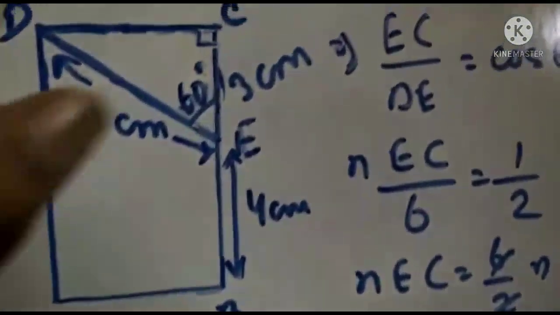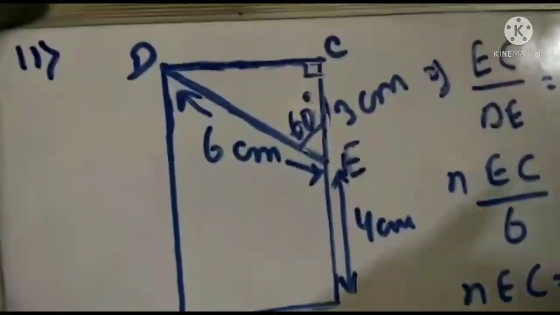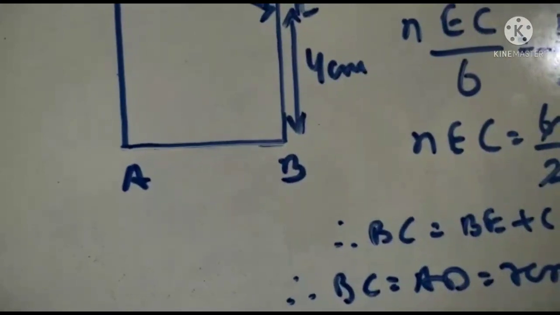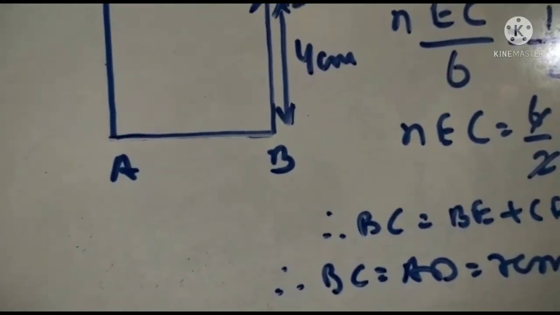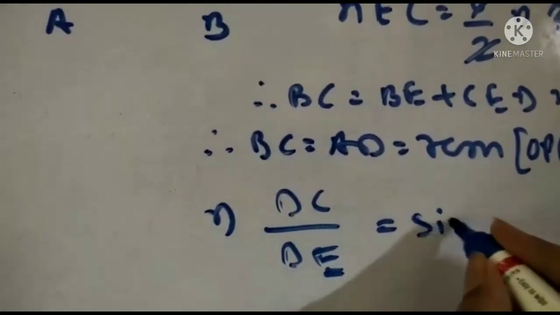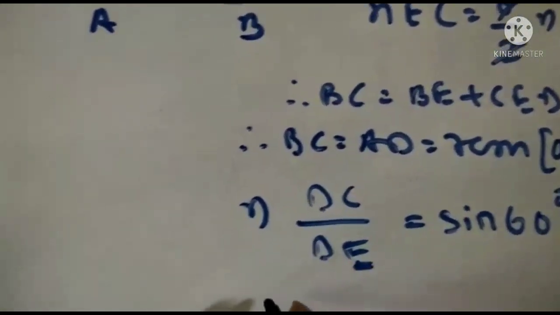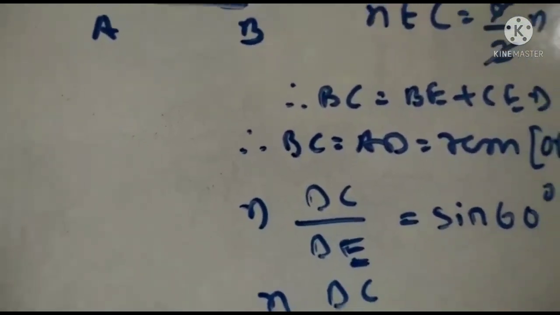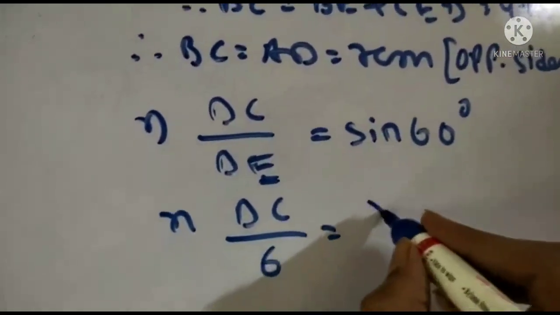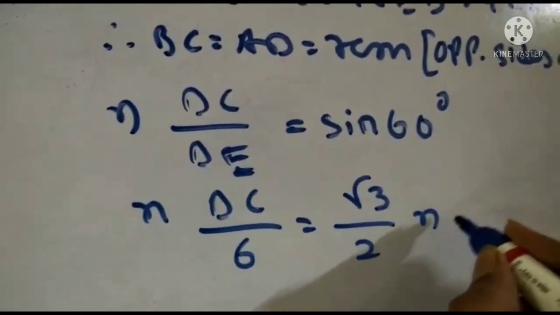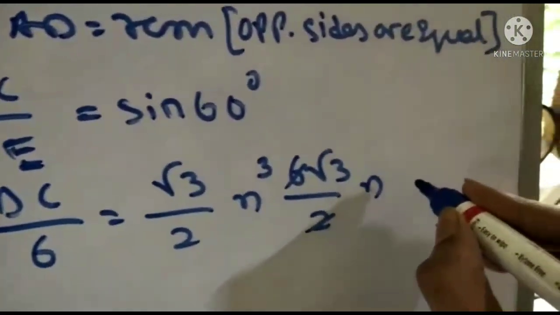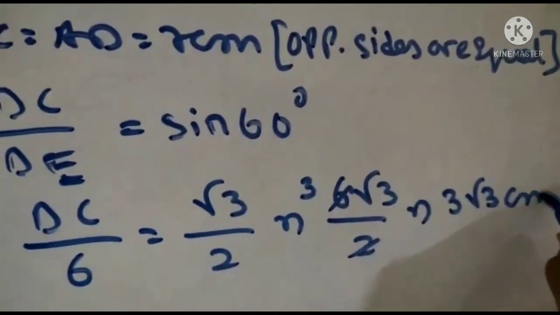Now see, we have to find DC. Same way, DC is the perpendicular. DC by hypotenuse DE is equal to sine 60 degree. Now DC we have to find, DC by DE, DE is given 6, and sine 60 degree means root 3 by 2. So here we will get 6 root 3 by 2, that means 3 root 3 centimeter.